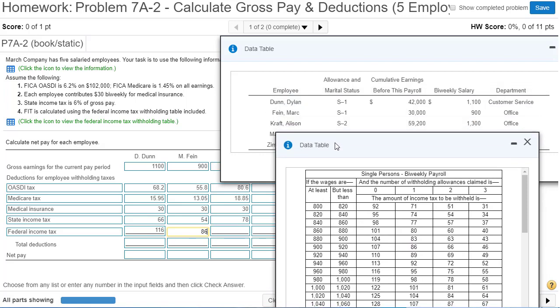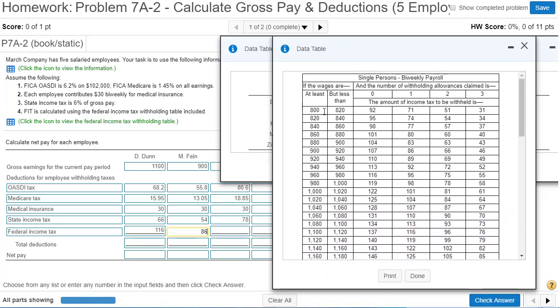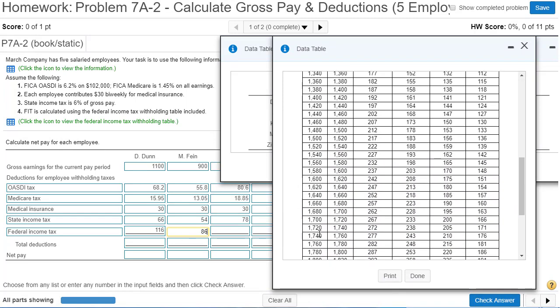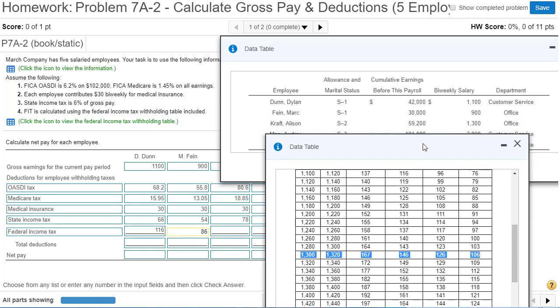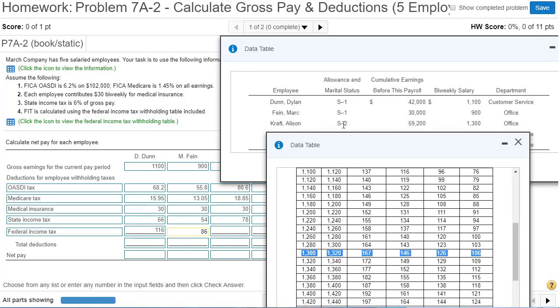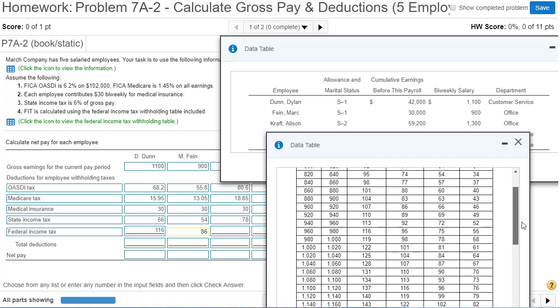Next, we've got Allison, 1300. I need to scroll down and find 1300. Let's check to see how many allowances she has. Allison has 2. Now, which column is the 2? So we scroll up.